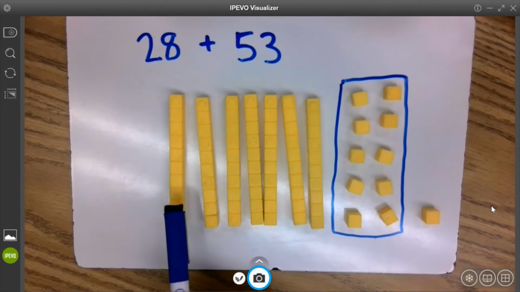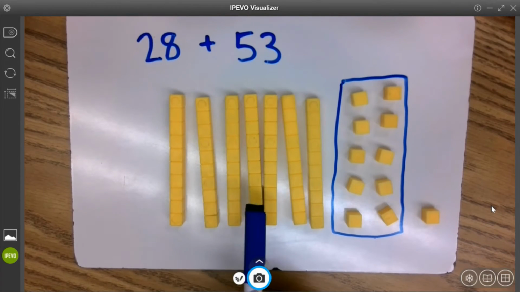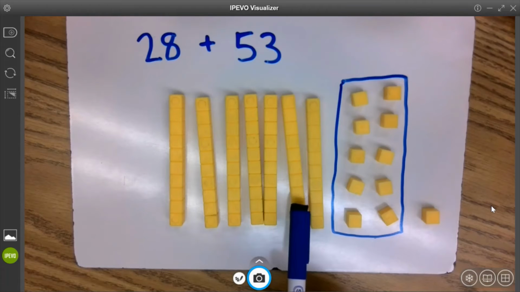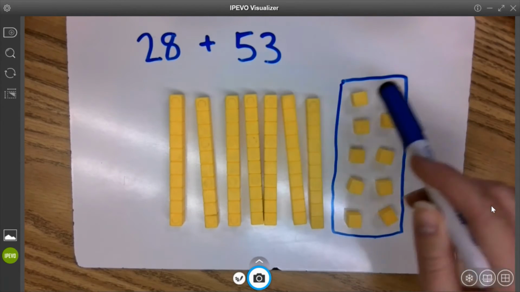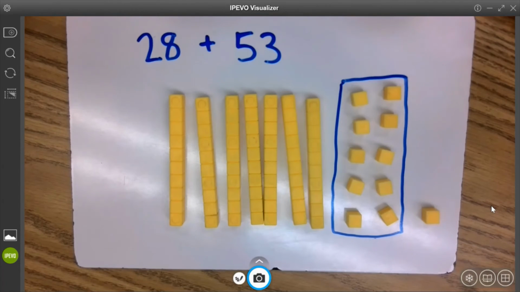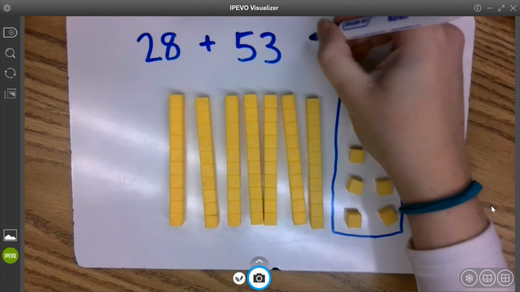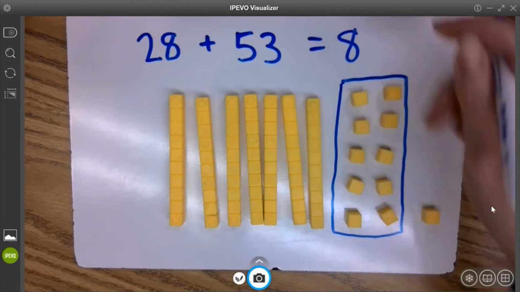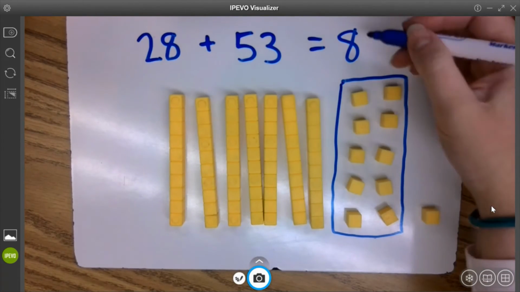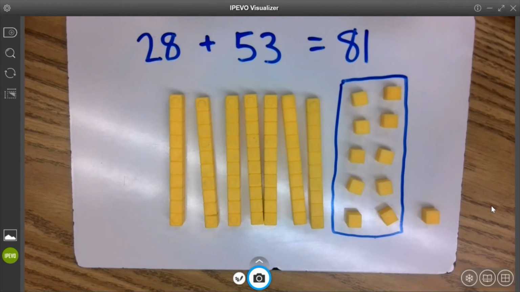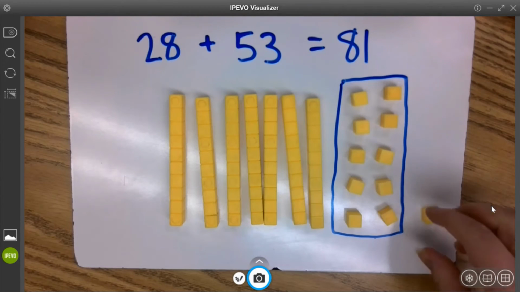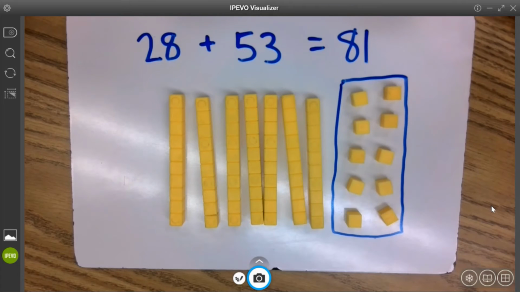How many 10s do I have? 1, 2, 3, 4, 5, 6, 7, 8. I have 8 10s. And one more. 81 is my sum this time. Okay, so we want to be looking for our ability to make a new group of 10.